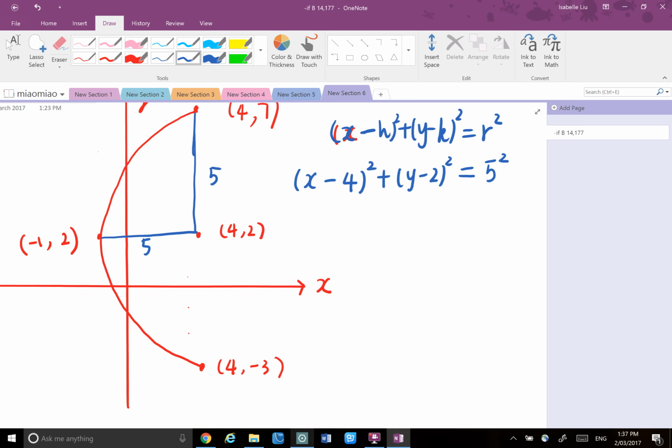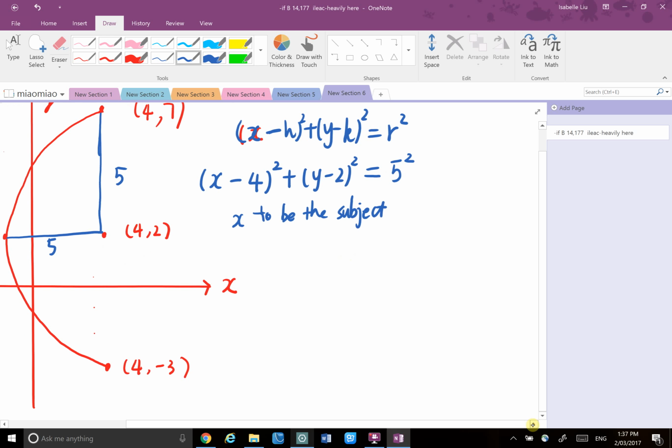For a left-hand side semicircle, you need to make x the subject. If x is the subject, what can I do? I can do 25 subtract y minus 2 whole thing squared.